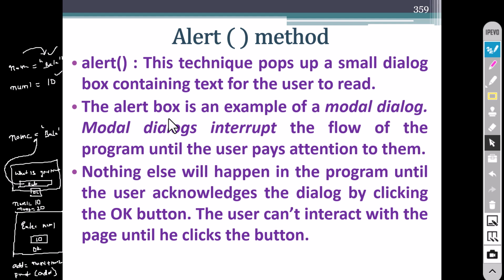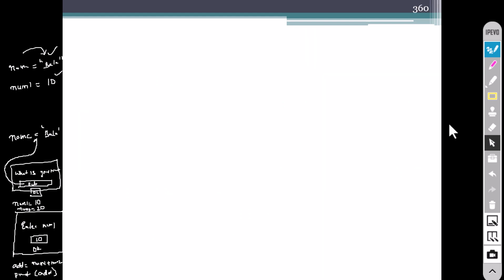So the alert box is used so that until the user acknowledges the dialog by clicking the OK button, the user cannot interact with the page. So this is the use case of an alert. You simply display a message using the alert.